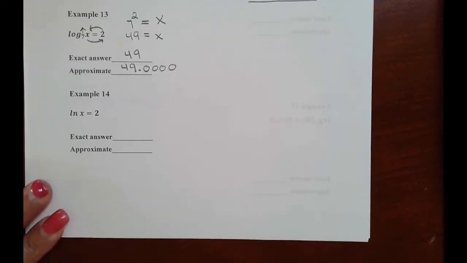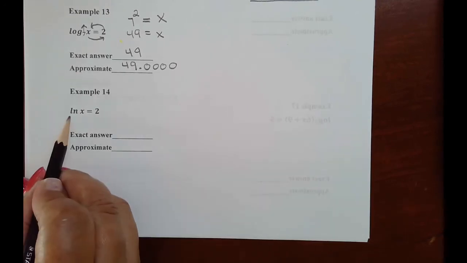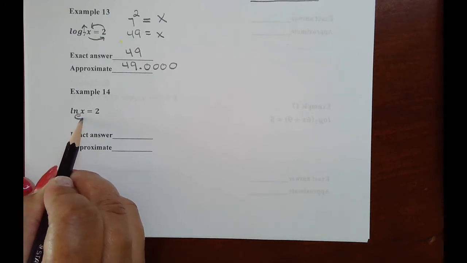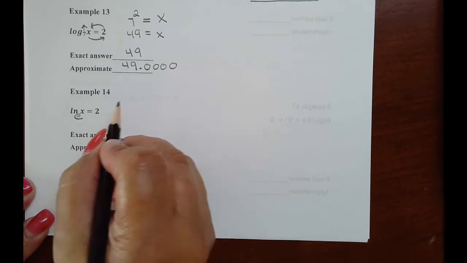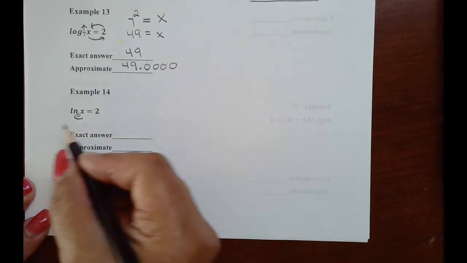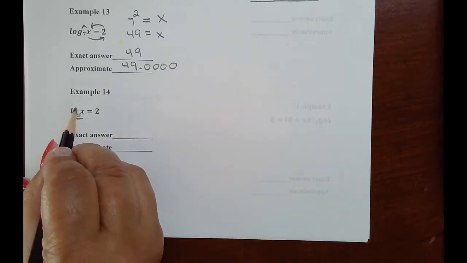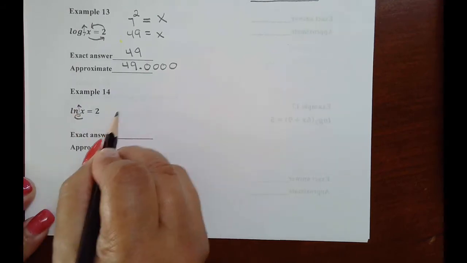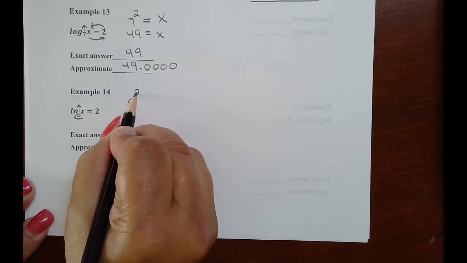Okay, moving now to the next one, example 14. Example 14, you know that when you have a natural log, no base shown, the base is said to be an e. So if you're going to put that in the form where you're taking it out of log form, which is the general technique for numbers 13 through 25, we're just going to raise that up, that base, go to the opposite side, go grab that value.